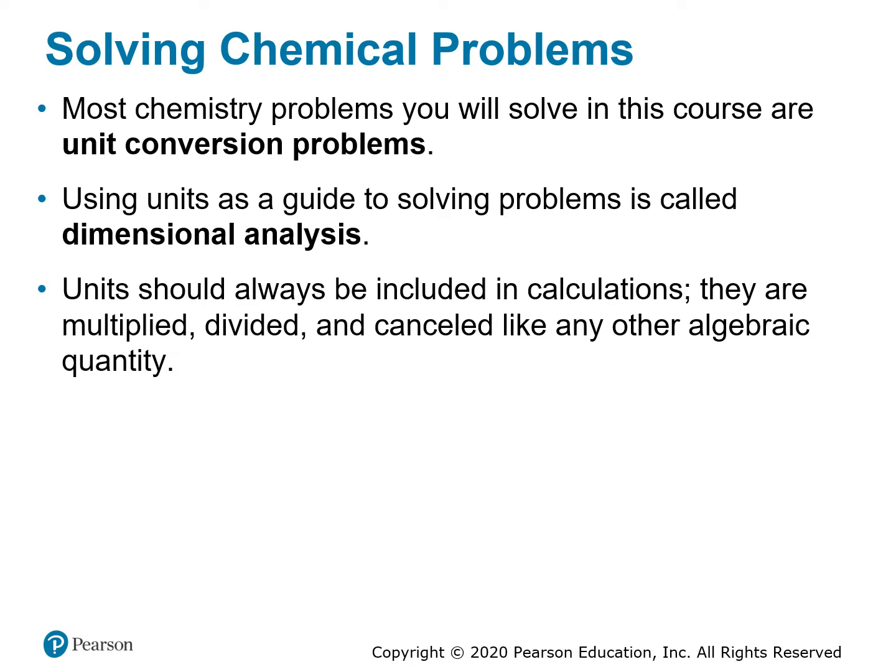Solving problems this way is called dimensional analysis, and I'll explain that in a minute. Units should always be included in the calculation. That is important. They are multiplied, divided and cancelled like any other algebraic equation. That's what we mean by dimensional analysis.